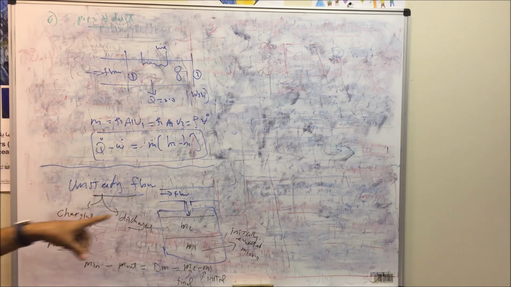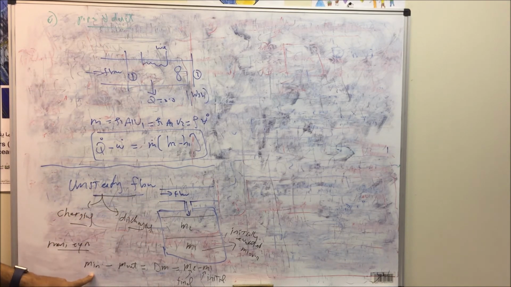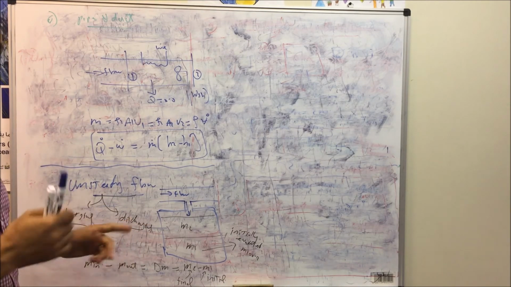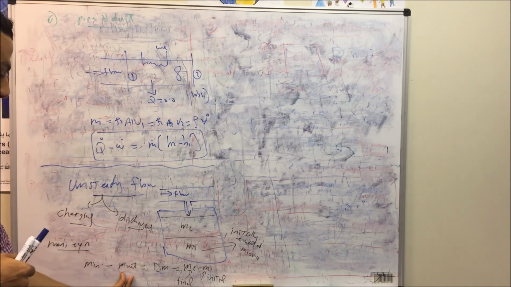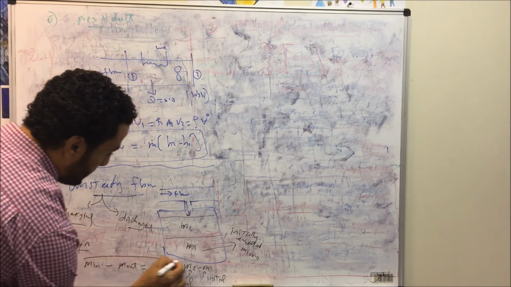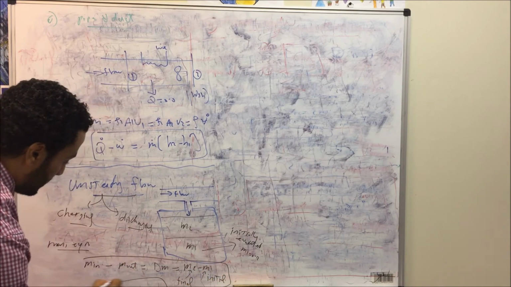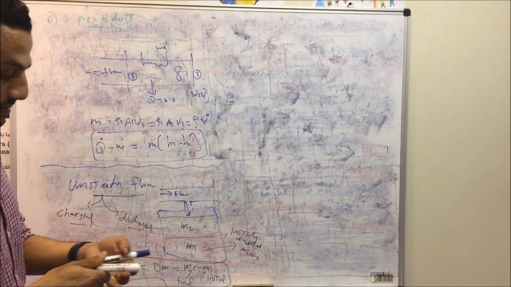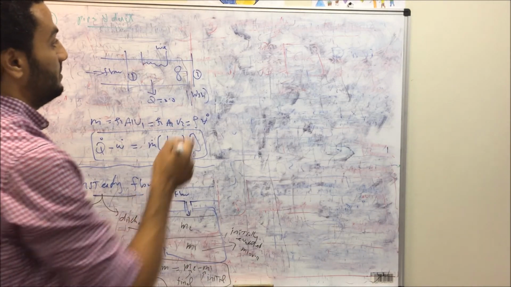If we have a tank to be filled, then we have mass in, but in this case mass out is equal to 0. If we have a tank with discharging flow, in this case we have mass out, but mass in is equal to 0. So the general case is written as mass in minus mass out equal to the final mass M2 minus the initial mass M1.